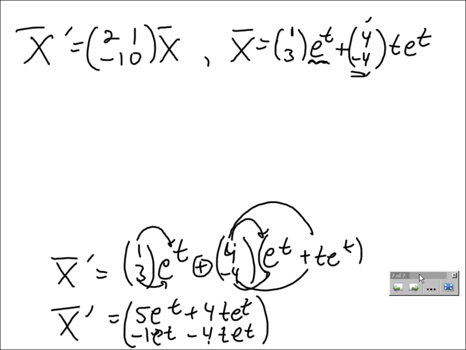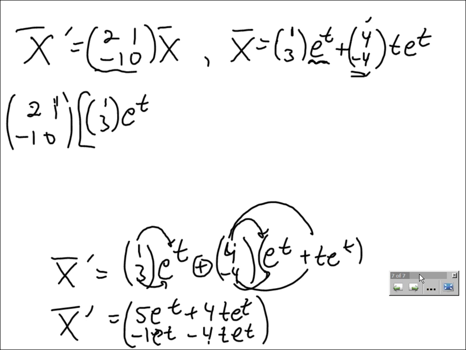Okay, so let's see if this works. I take [2, 1; negative 1, 0] and I multiply it by x bar, [1, 3] times e to the t plus [4, negative 4] times t e to the t.